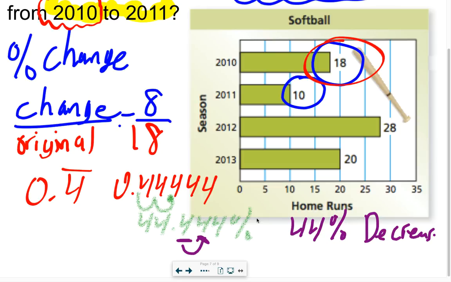You can do that as well. Just slide everything over. So then you're looking at the nearest tenth. Look back one. So in this case, if it was the nearest tenth, then we'd be looking for 44.4%, a 44.4% decrease. Whatever the instructions say, follow it. Nearest hundredth, great. Underline that second decimal place and on you go. Otherwise, that's all we're doing. Make sure you have that percent along with what type, increase or decrease.